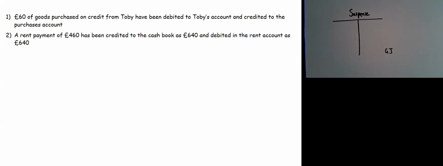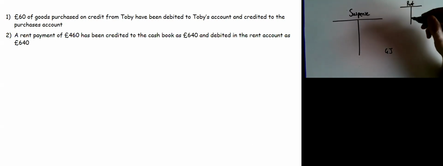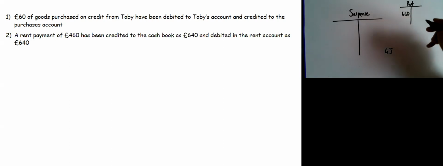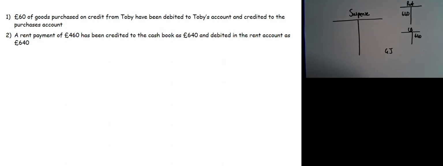rent payment of 460 has been credited to the cash book as 640 and debited to the rent as 640. So the wrong amount's been put in both. So this is original entry. So we have rent, which has been debited as 640, and the cash book has been credited as 640, but it should have been 460.